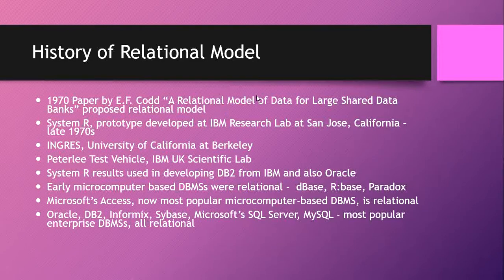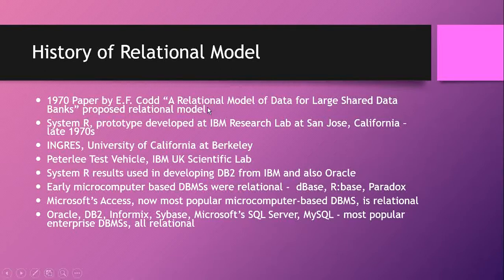The main objective of this model was to allow a high degree of data independence, so that the application program should not be affected by modifications to the internal data representation. It also provides solutions to deal with problems like consistency and redundancy.